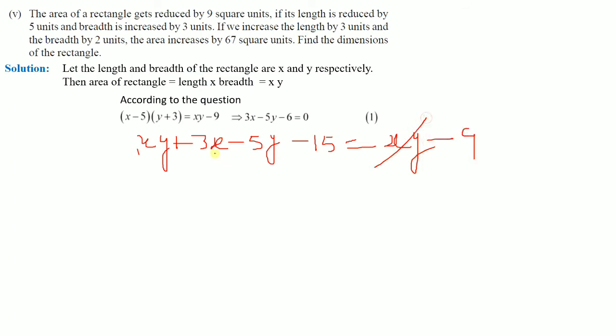So this xy and this xy cancel, so we have 3x minus 5y, and this 9 will come to this side, so minus 15 plus 9 is equal to minus 6. So this is our equation number 1.